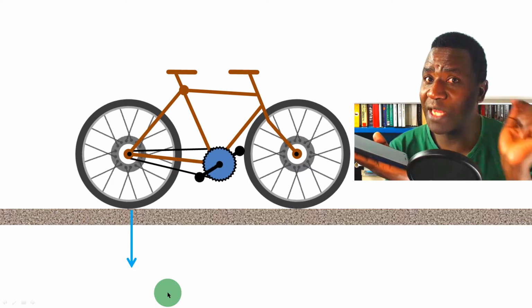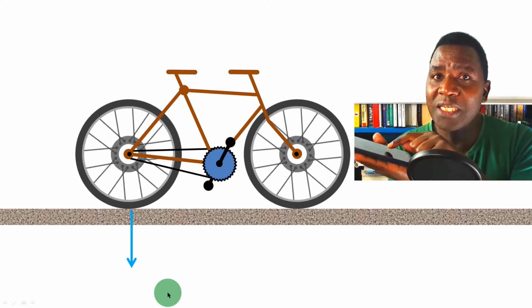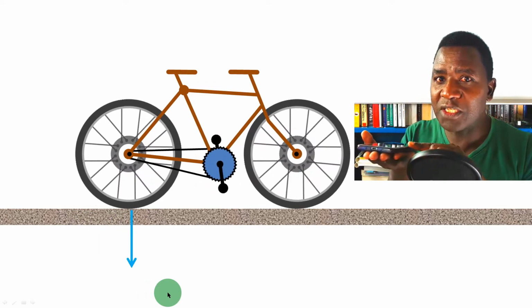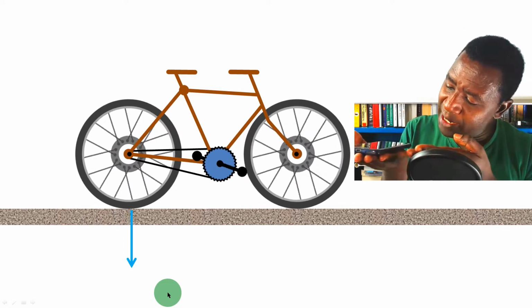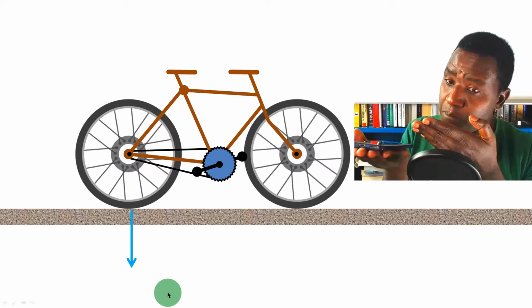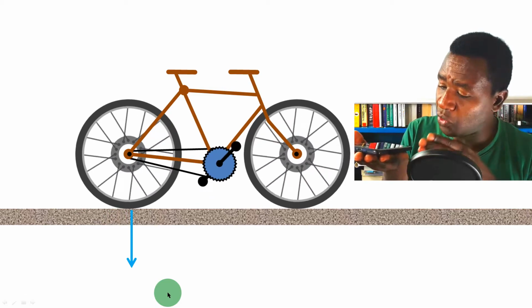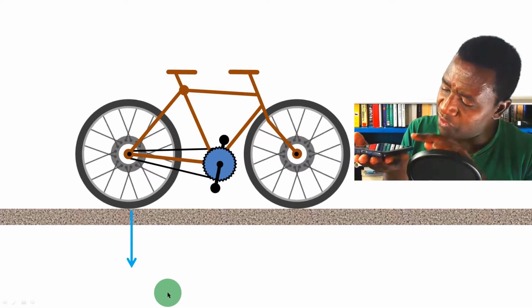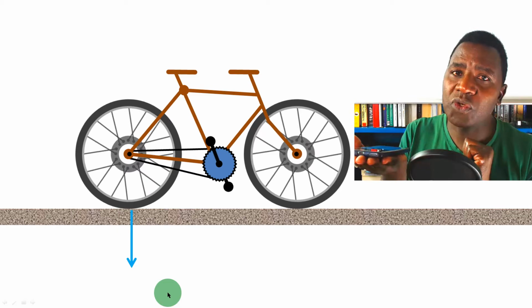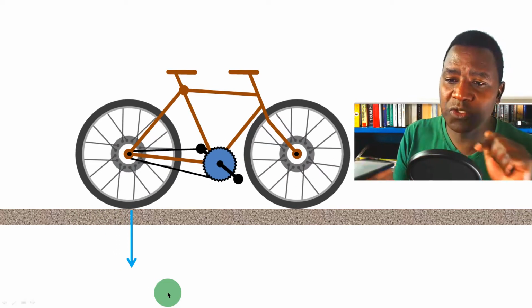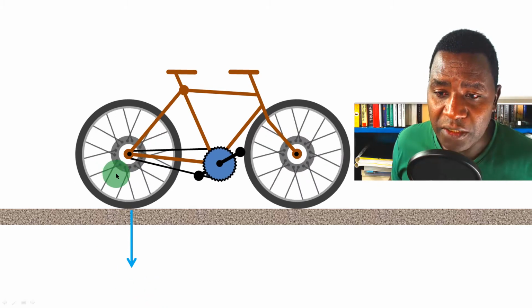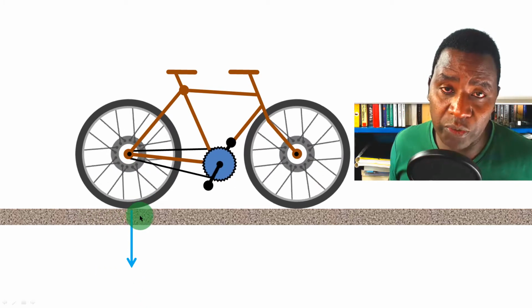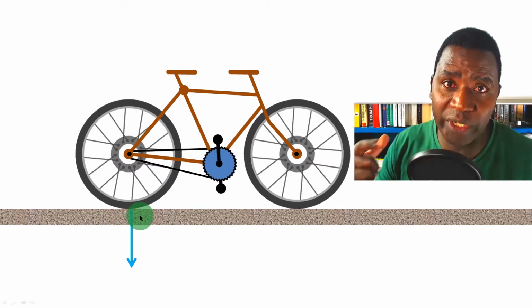It comes from the earth, because the earth is trying to pull this object vertically downwards and my hand is preventing it from moving in that direction. So as far as my hand is concerned, this object exerts a force on my hand. That is what is happening to this bicycle here. The bicycle exerts a force on the road surface equal to its own weight.